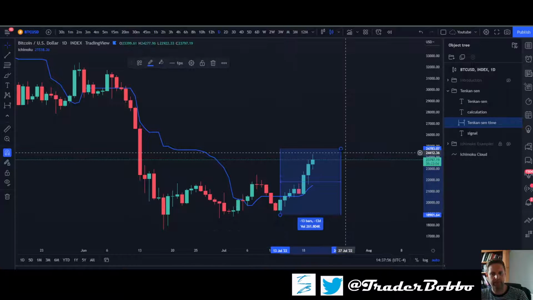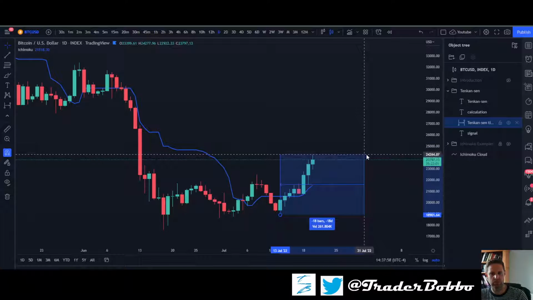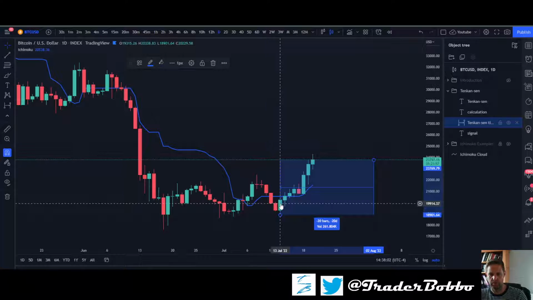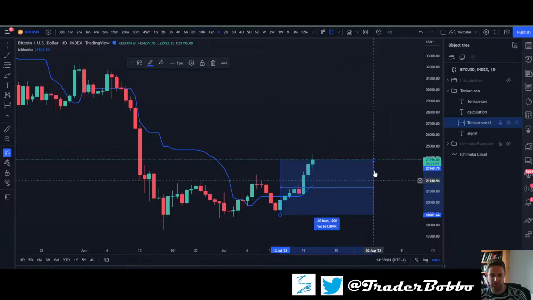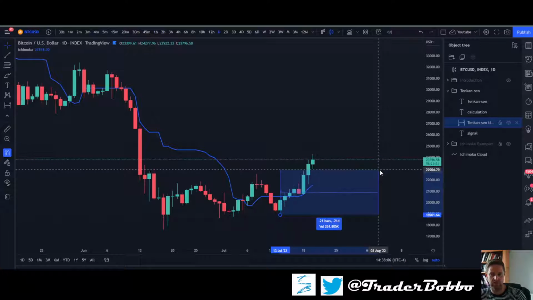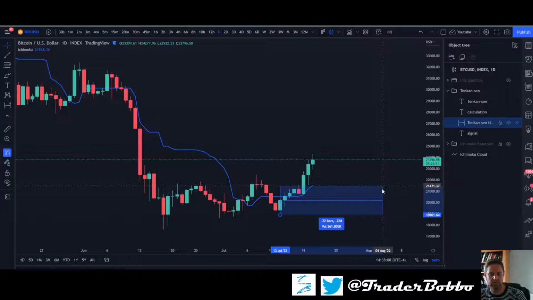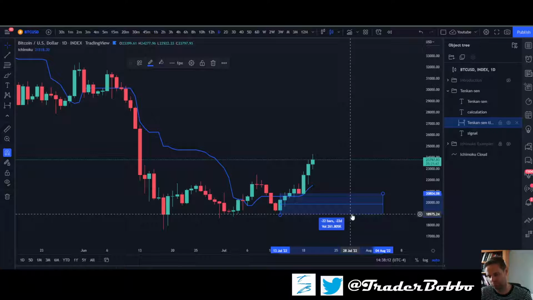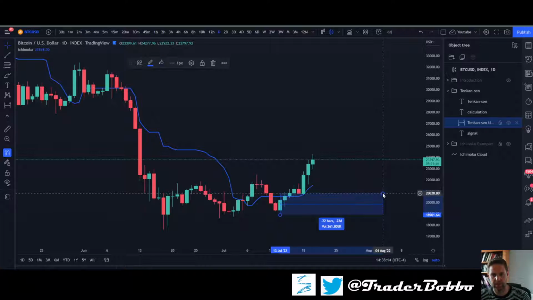And if Bitcoin starts to come down from 20 bars from like the 1st of August, if we start losing the line, let's see what happens. The Tenkan line will come down, signifies low momentum.